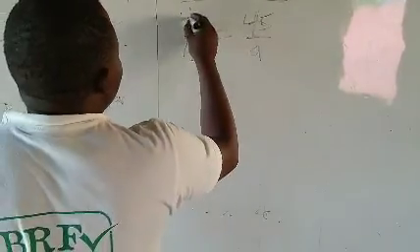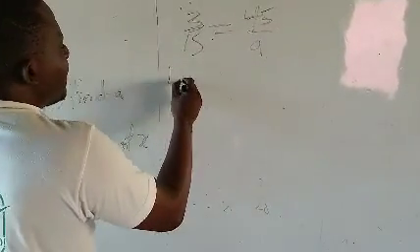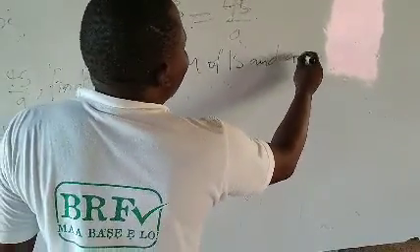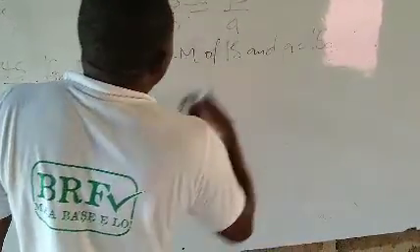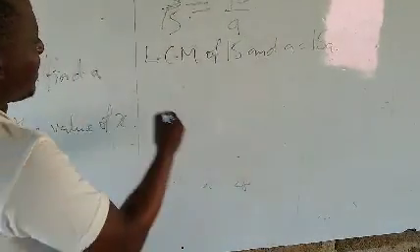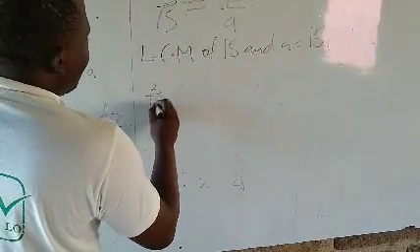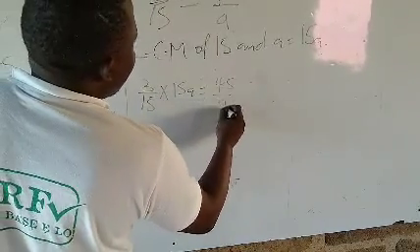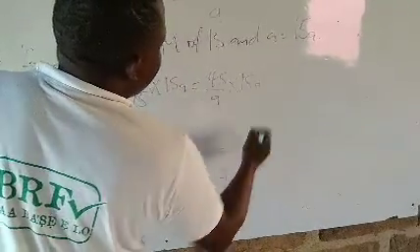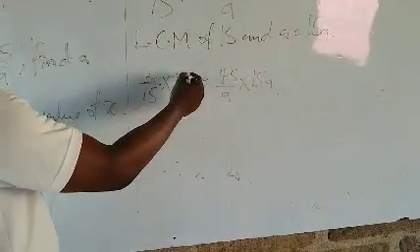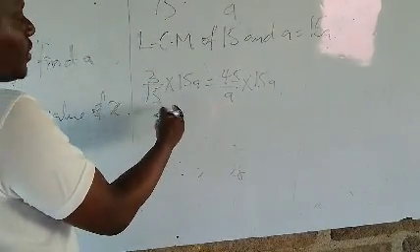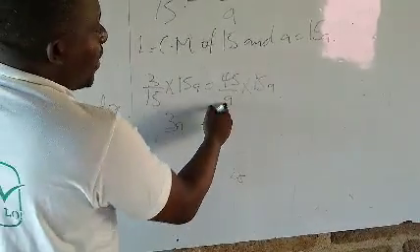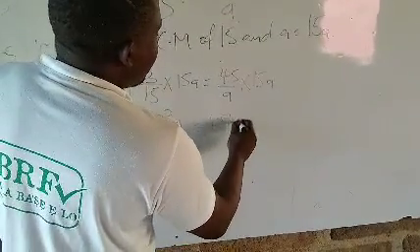Now, what is the LCM of 15 and a? It is 15a. Now you multiply both sides by 15a: 3 over 15 multiplied by 15a is equal to 45 over a times 15a. We cancel 15 over here, and we have 3a. On the other side we cancel a, and we have 45 times 15.